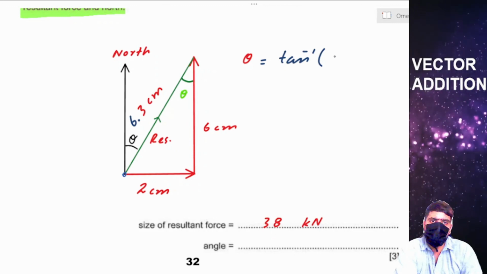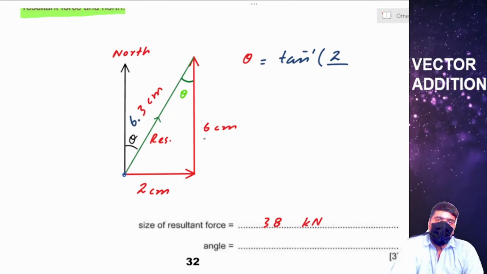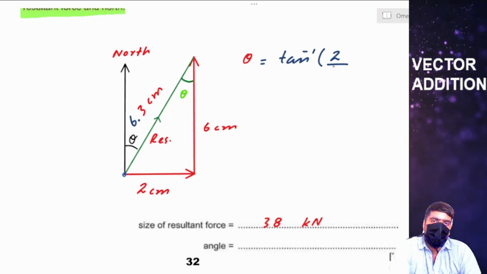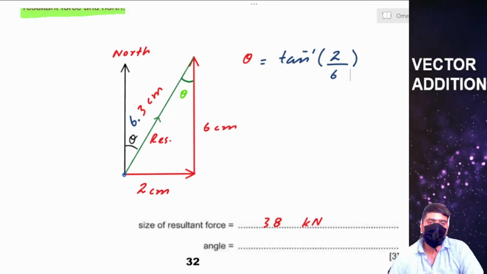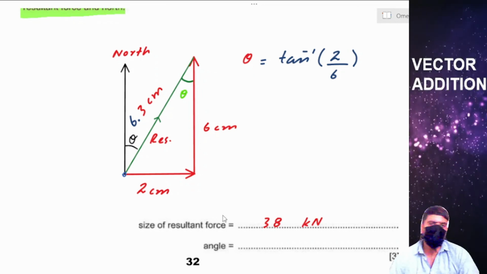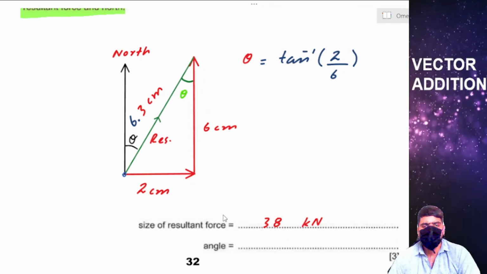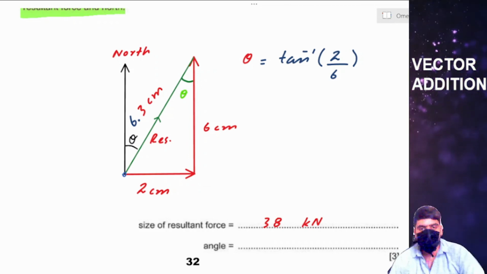Perpendicular is 2 divided by base, that is making a 90-degree angle with the opposite, which is 6. Then you hit it on the calculator, tan inverse 2 over 6. 2 over 6 is 0.333, 3 continue recurring. You take tan inverse of it.